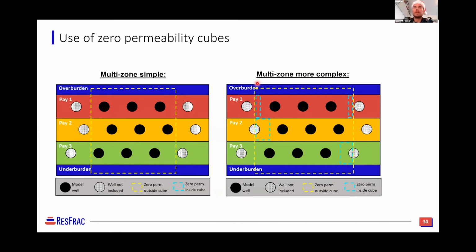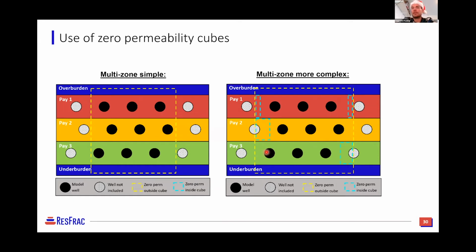If I want to get a little bit more complicated, I can do a larger zero perm outside cube and then place smaller zero perm inside cubes in each zone. That way, each of these edge wells is symmetric to its zero or no flow boundary.